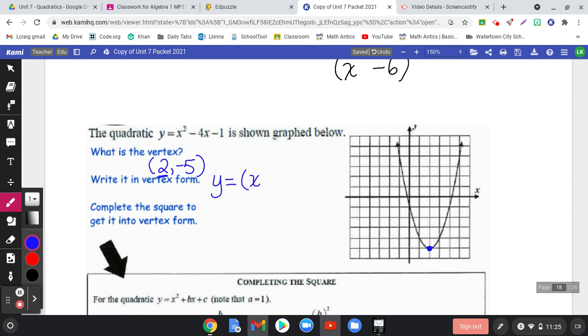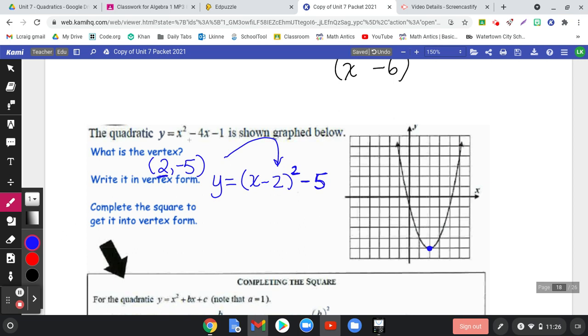Just change the sign, x minus 2 squared, and then the minus 5 goes on the outside. All right, that's actually going to be our shortcut to get from here to here. So you could take the equation, figure out what the vertex is, either from the graph or from the table, and then write it in your equation. Just remember to change the x's sign and keep the y.